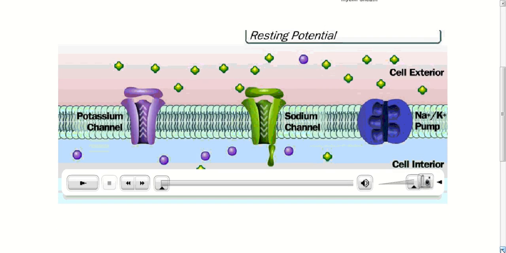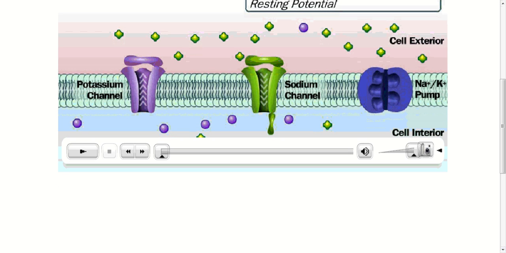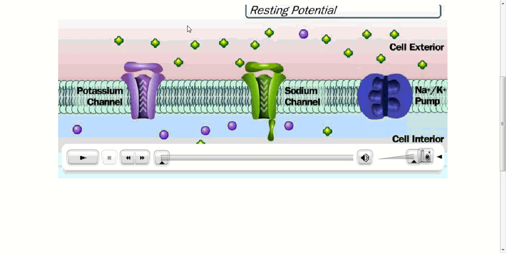So to start with, this is the animation that I'm going to use to try to explain what's going on. Just to familiarise you with what's on here, this is one section of the nerve. On the outside, in purple, is the outside of the nerve cell, the neuron or the axon.